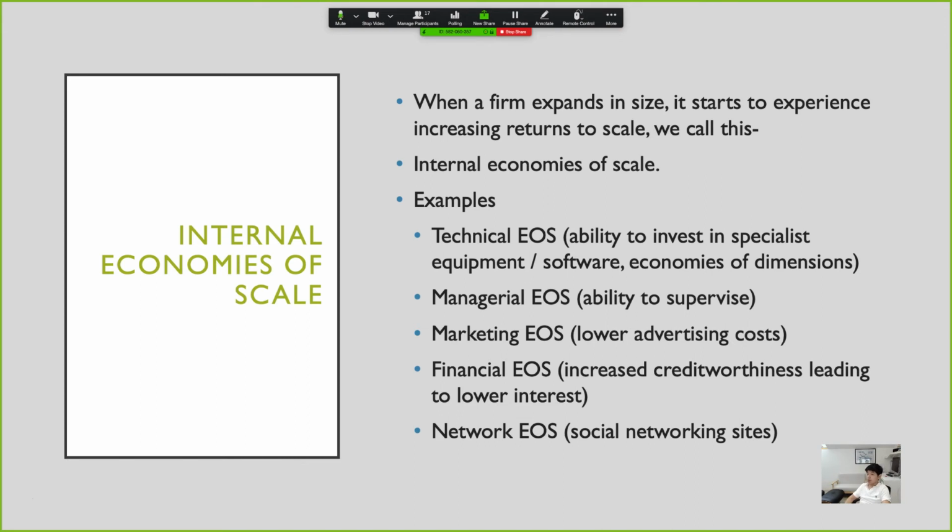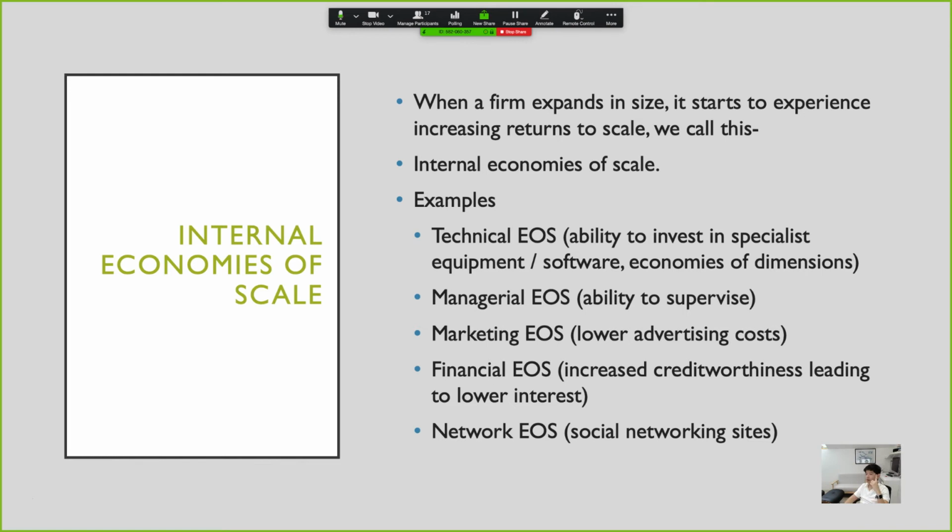Okay, and then your marketing economies of scale, just to give you an example. If there were 100 McDonald's restaurants in Singapore, and I'm sure there are more than 100, and they want to do a Straits Times advertisement, let's say one front page, full page advertisement costs $50,000.